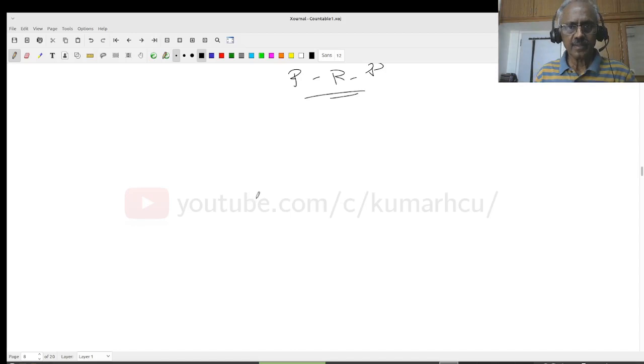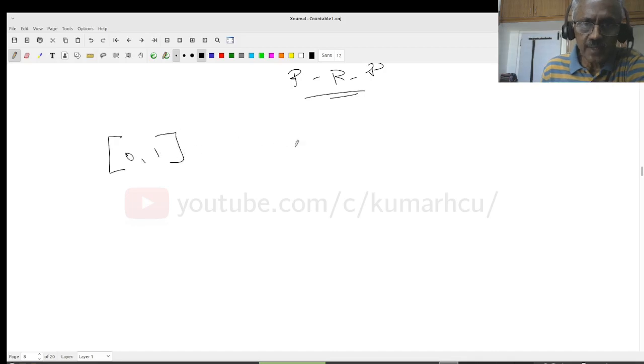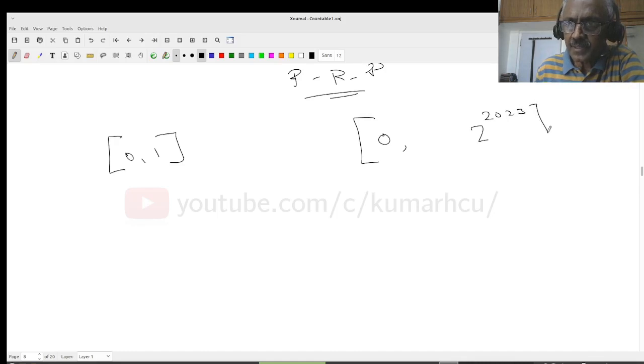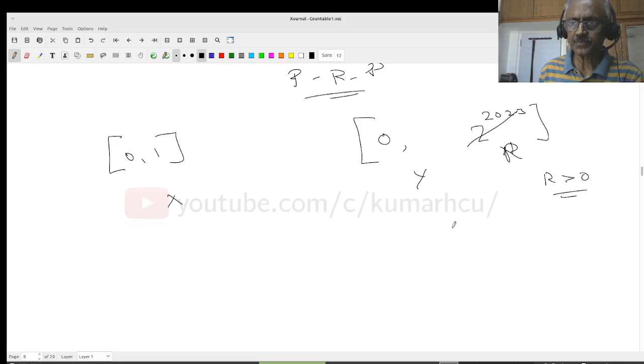Yeah? Right. Now let us look at another very simple example. Suppose I take the interval 0 to 1, and let me take 0 to some huge number, like 2 to the power 2023. This is my x, this is my y. Think of some r where r is positive.